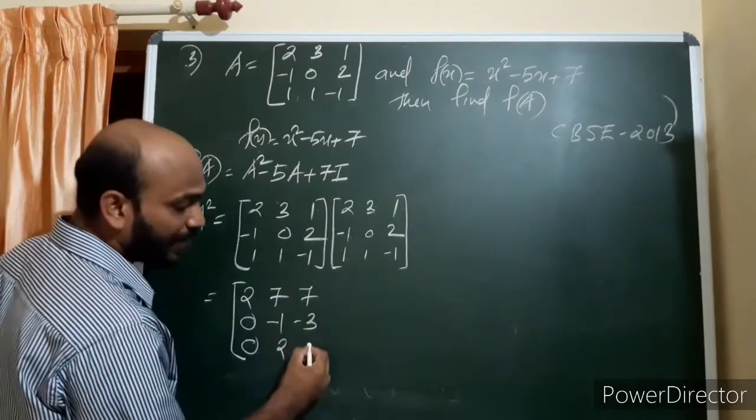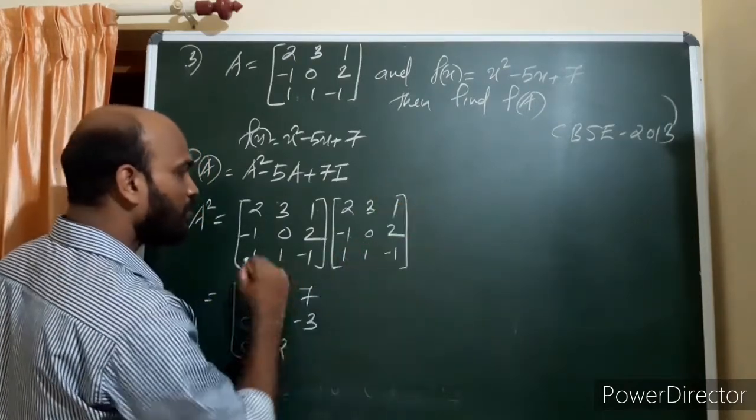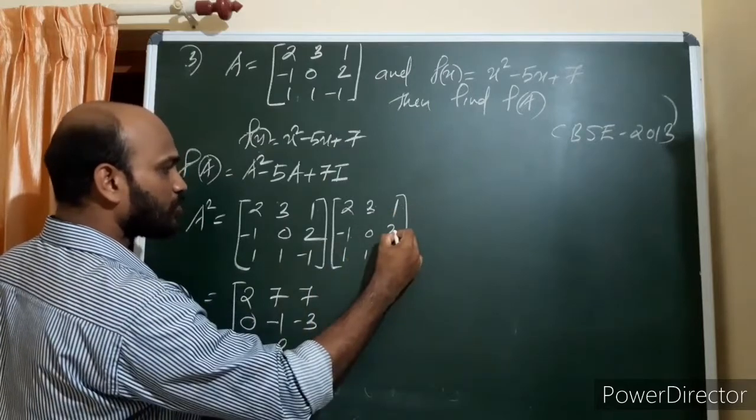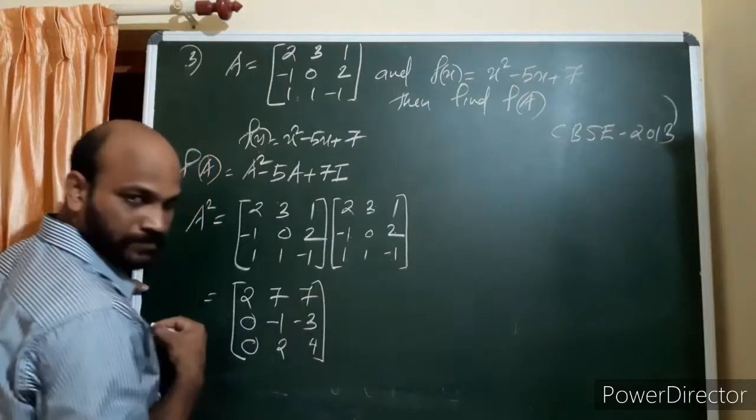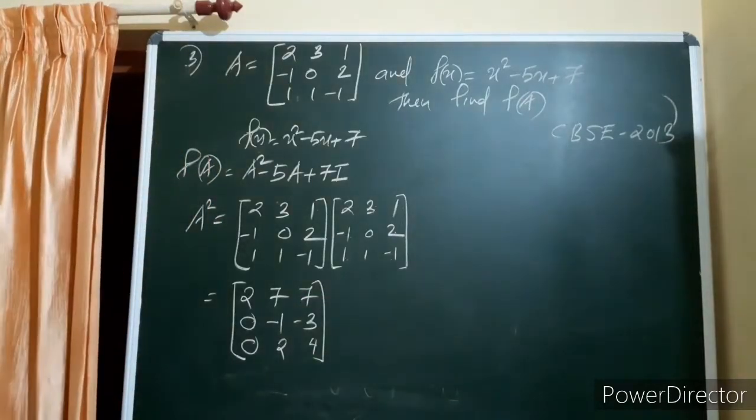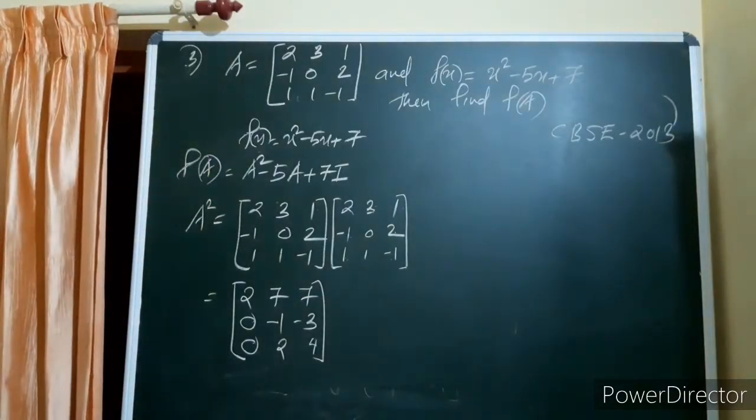Okay. Now A33, third row, third column: 1 plus 2, 3, 3 plus 1, 4. So we get 2, 7, 7; 0, minus 1, minus 3; 1, 2, 4.